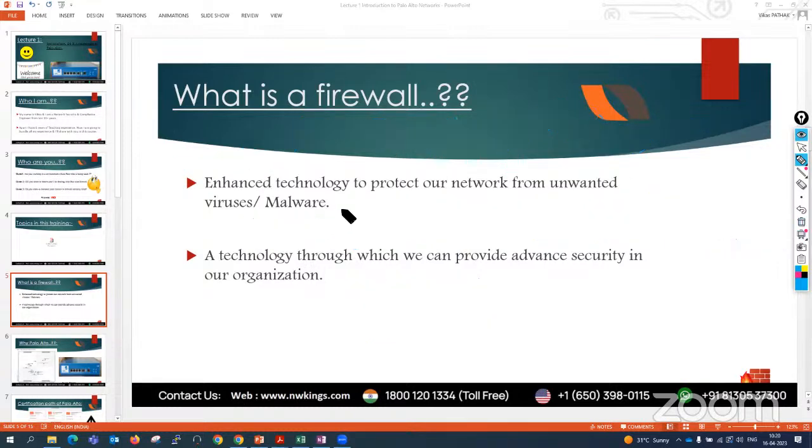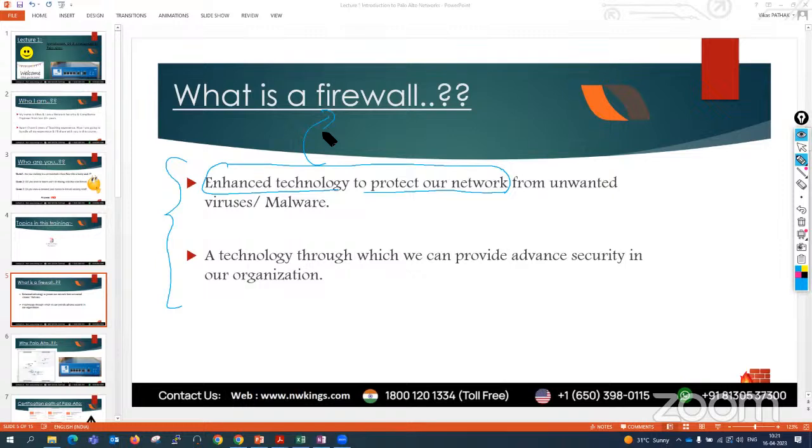Now let's come to this definition. What it says: one enhanced technology to protect our network. If you take the definition till here, what are we talking about? We are talking about the firewall. Simple.